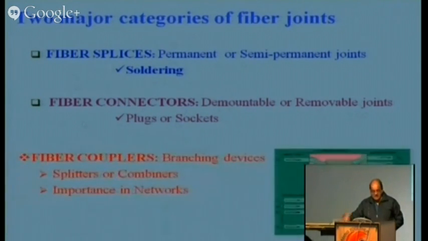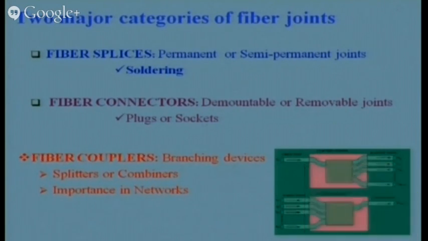Nowadays, sometimes we also need another category, called fiber couplers. Couplers are branching devices, either splitters or combiners. They split the signal, they combine the signal. The requirement came because of the importance of networks. Now we are working in networking.